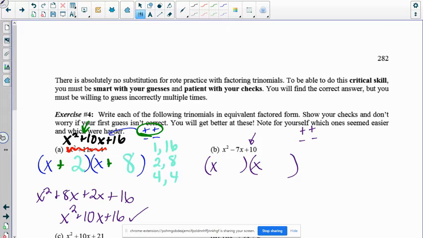So I need to think about, how am I going to get a negative 7? If I add two positive numbers together, will I get a negative 7? No way, no how. They must be minus minus.